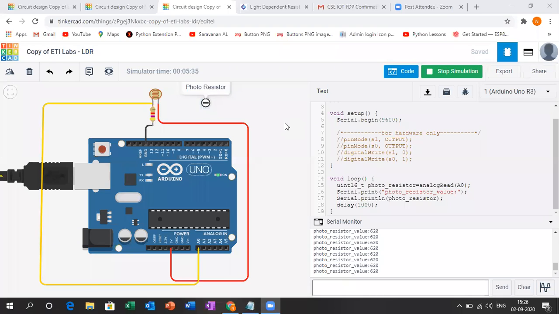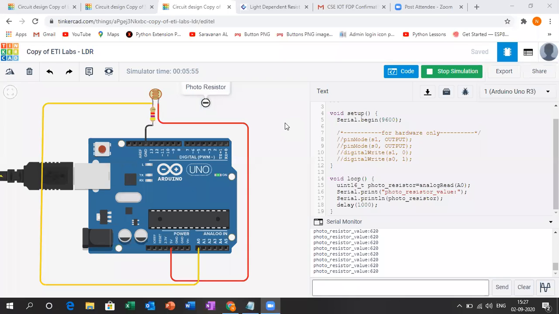You can see that when we increase the light intensity on the LDR sensor, its resistance decreases. As the resistance decreases, a larger share of the voltage drops across the resistor, because that resistor has a higher value compared to the LDR resistance.